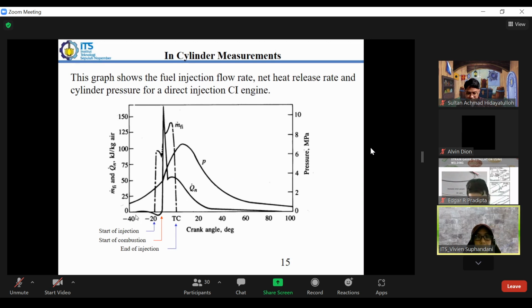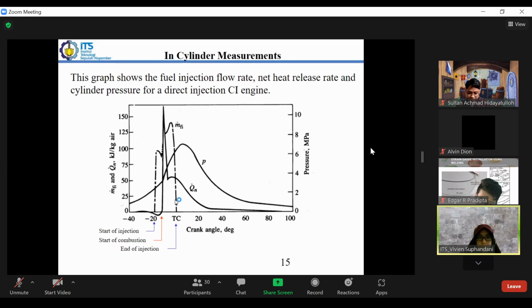And here the black solid line is Q dot, the heat addition to the cylinder. So we have the burning process here, in which this is the start of combustion, when we have the peak increase in heat addition.